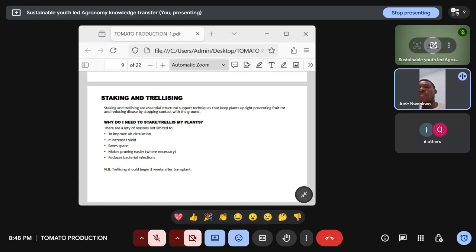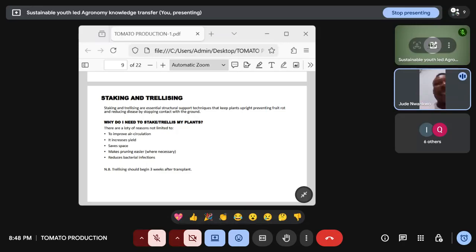Also note that trellising should begin 3 weeks after transplant. There are a lot of reasons for this, because you want to start giving them proper support early enough to show them where they should go, so that they don't start losing branches if you're unable to trellis.